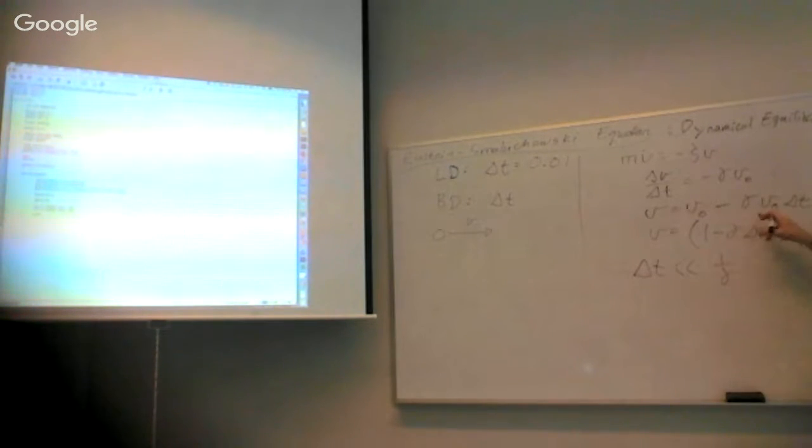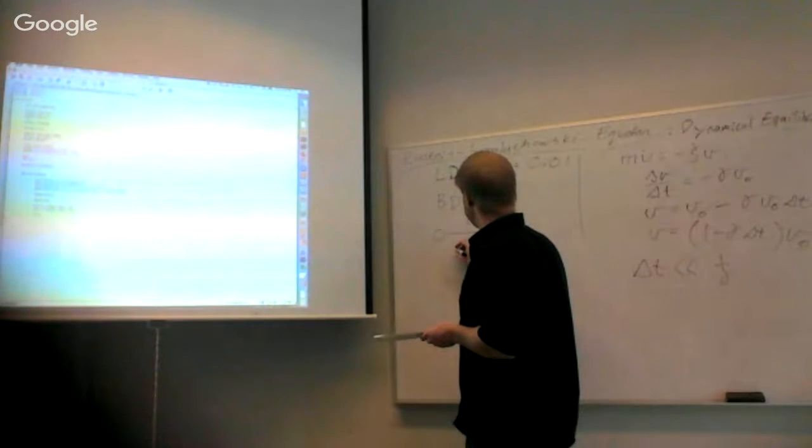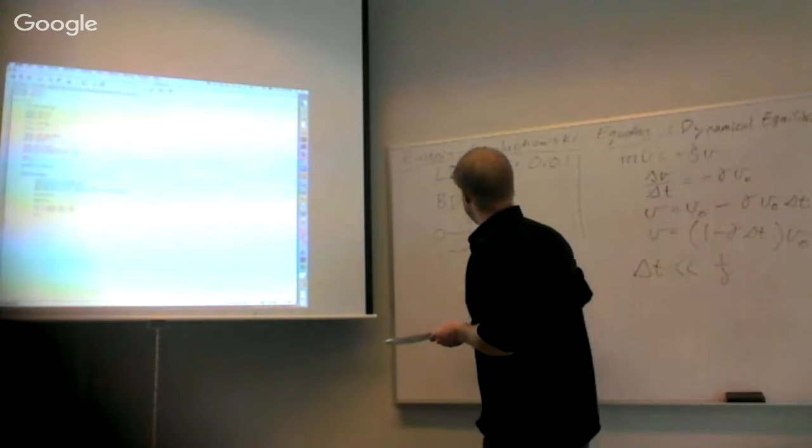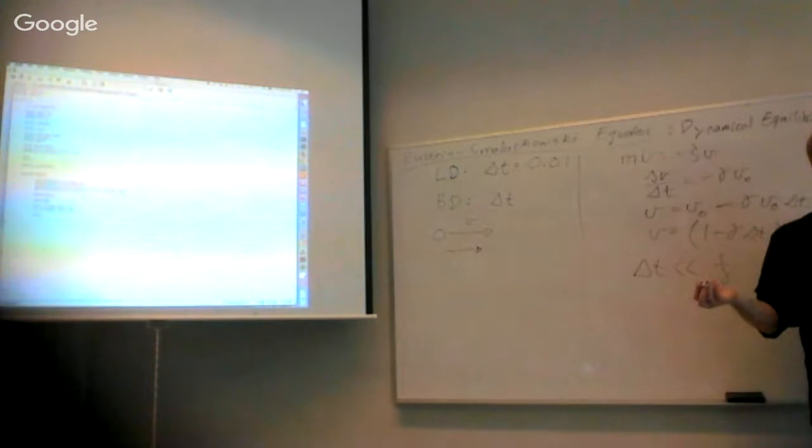That means this is some small number. So if this was our original velocity, at the next time step the velocity would be a little bit less than that, which is what we would expect. We have a damping term, right?